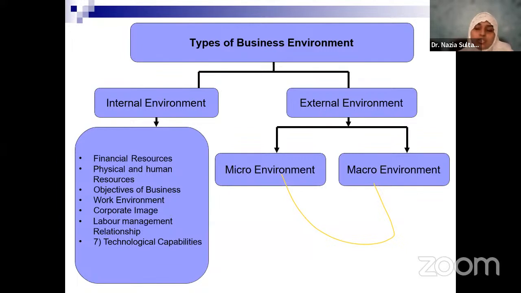Similarly, financial: how much money are you investing, how much money are you raising through an IPO, how much money banks are willing to give you when you give a proposal for your business, to some extent in your hand. Human resources: what kind of people you employ in the company, what skills you are looking for, again within your hand. So you talk about some resources which are in your hand while some others are not. Therefore, you talk about the internal environment.